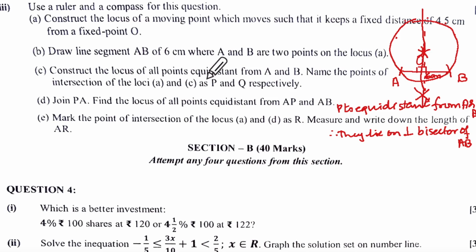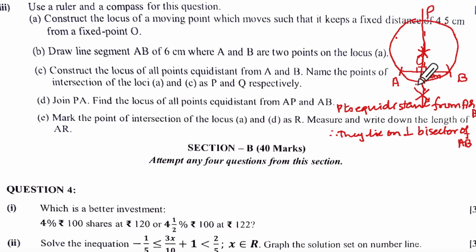Now what are they doing? They are saying to name the points of intersection of locus of A. Locus of A means the circumference of the circle, and C, that is this perpendicular bisector. You mark them as P and Q. So I can mark this as P and this point as Q. Which one?